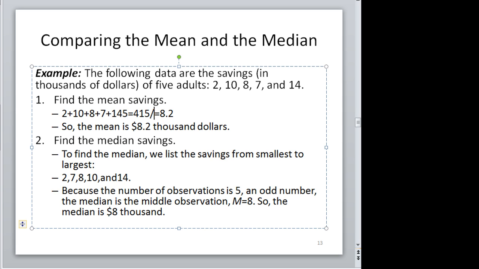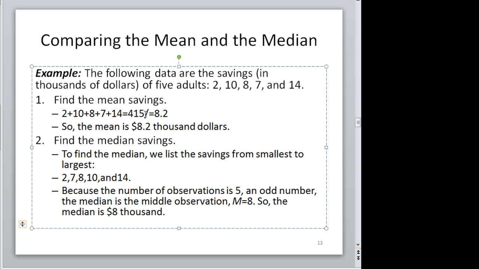You add them up and divide by the total number of data points. So there was a mistake here. If you add 2 plus 10 plus 8 plus 7 plus 14, it's going to be 41.